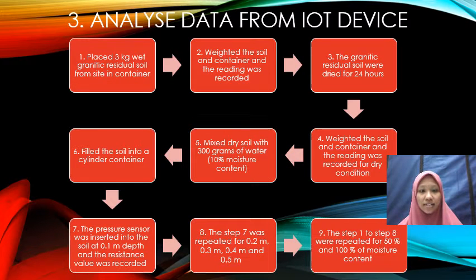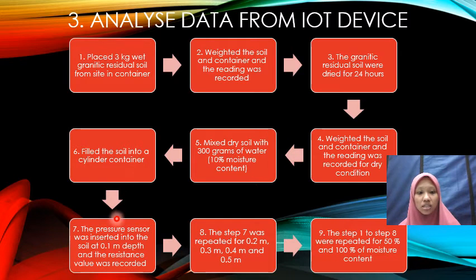This is the step for analyzing data from the IoT device. First, we place 3 kg of wet granitic residual soil from the site in a container, weigh it and record the reading, and dry it for 24 hours. Then we weigh it again for the dry condition, and mix the dry soil with 300 grams of water as 10% moisture content, and fill the soil into a cylinder container.